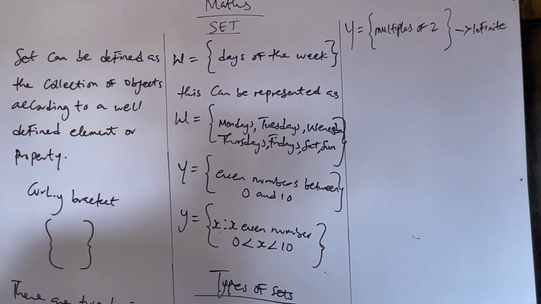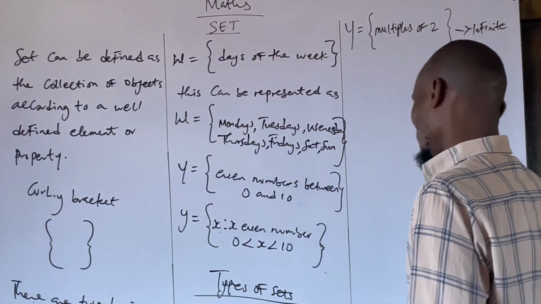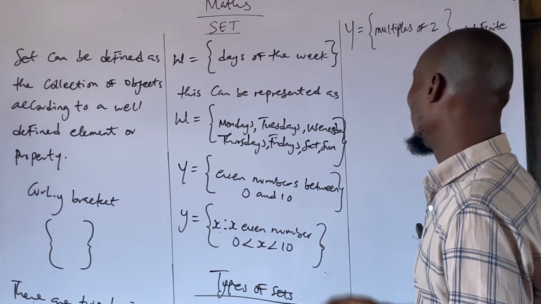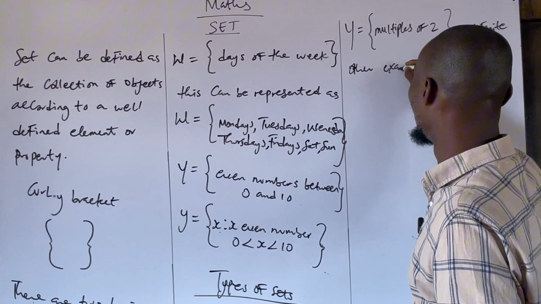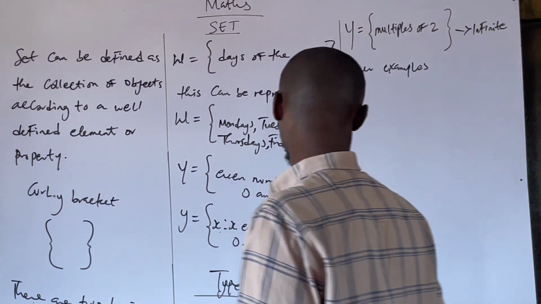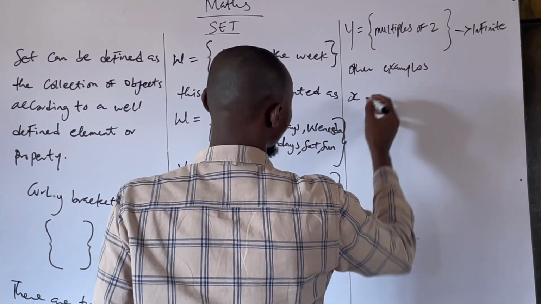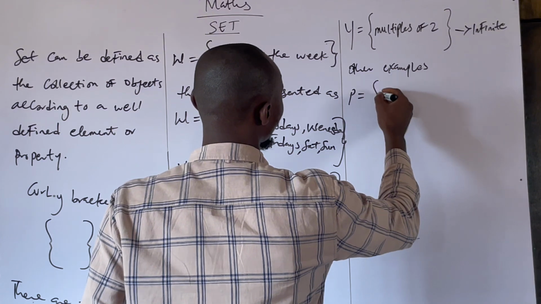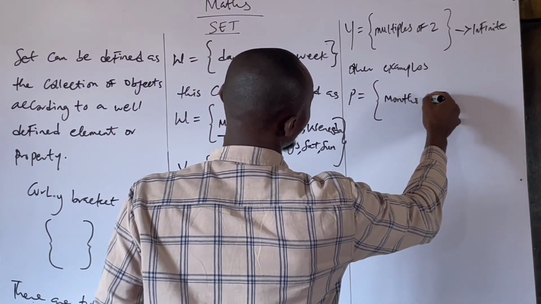Another one, other examples: let me not use x, P equal to months of the year.